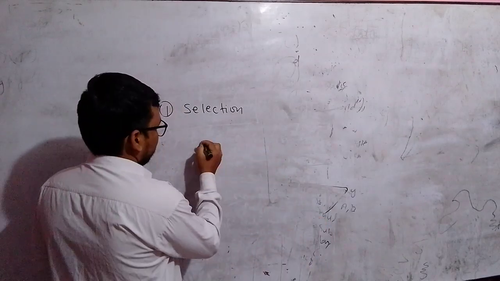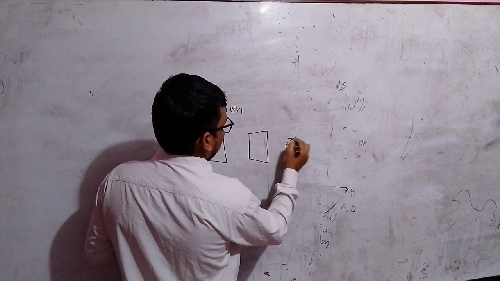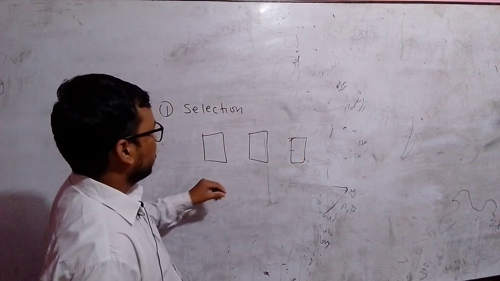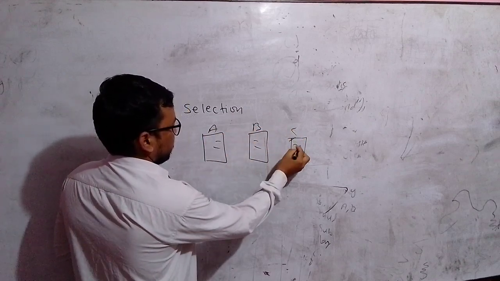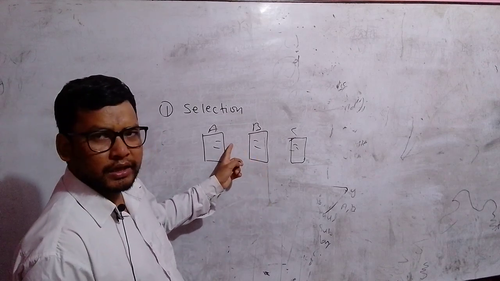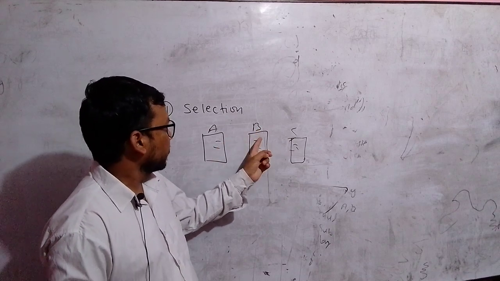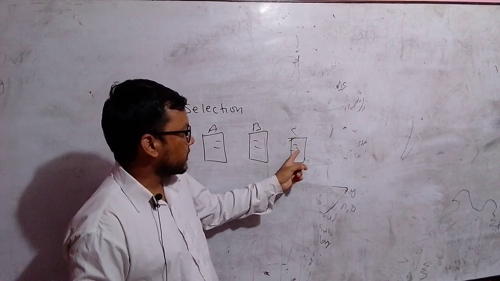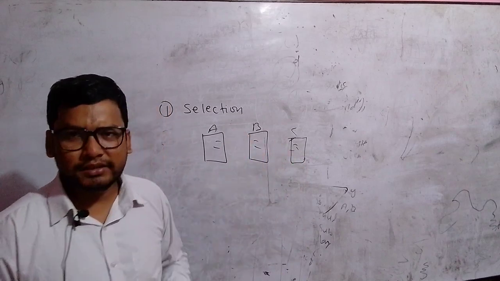Suppose we have blocks of code A, B, C. When to execute A, in what conditions to select B, and in what conditions to select the block of code C. This is called selection.